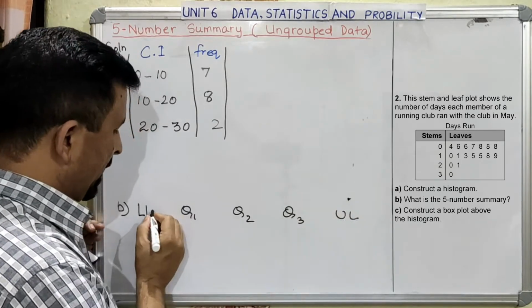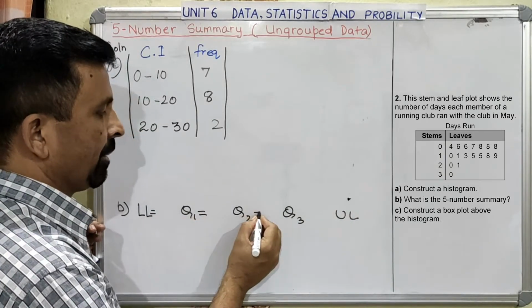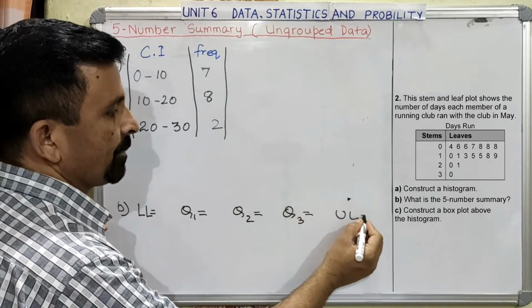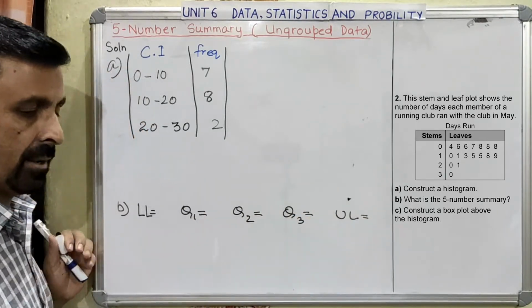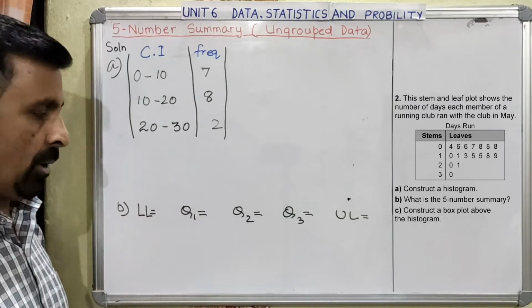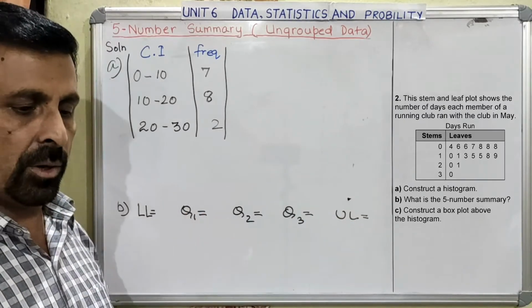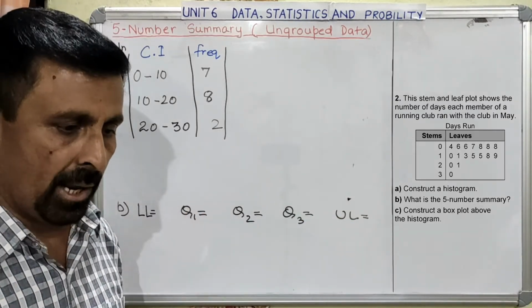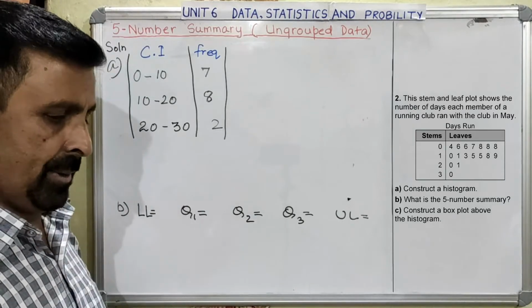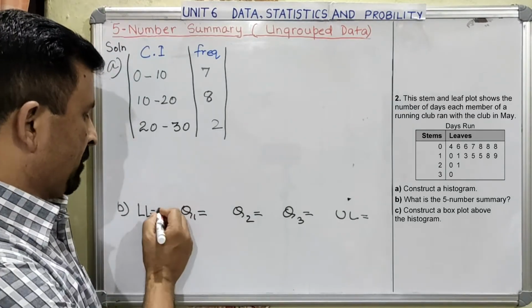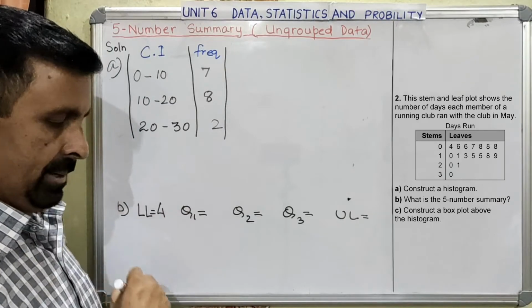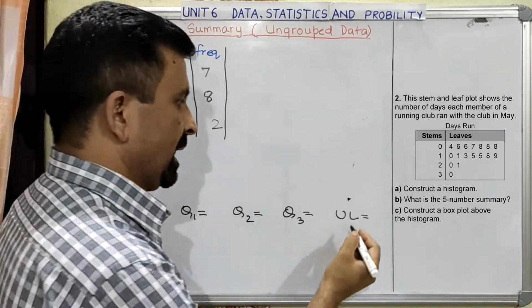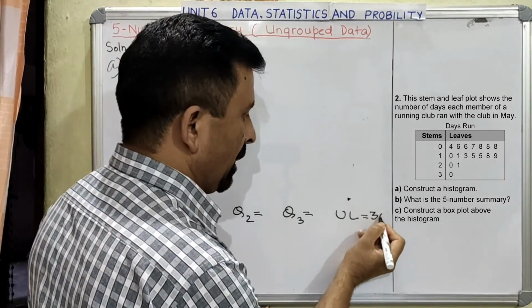So the set of these 5 numbers is called the 5 number summary. In the previous question I have already taught you in detail. Now see, the lower limit and upper limit are very easy. Your data is given in the form of a stem and leaf plot. So the first data will be your lower limit, and the first data is 4. The last data is 30, so that will become your upper limit.